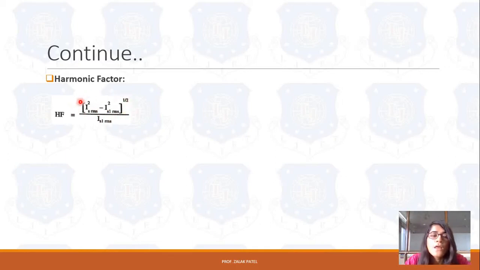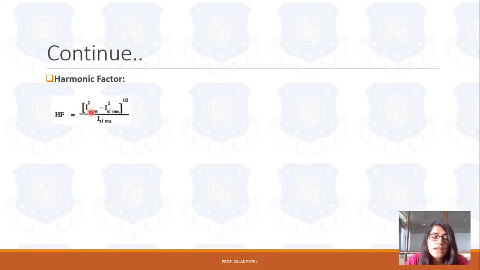Same way we can do for harmonic factor. We already know the equation of harmonic factor according to semi-converter, that is given by IS RMS square minus IS1 RMS square upon IS1 RMS raised to 1 by 2. So that means harmonic components difference is taken with respect to fundamental component.